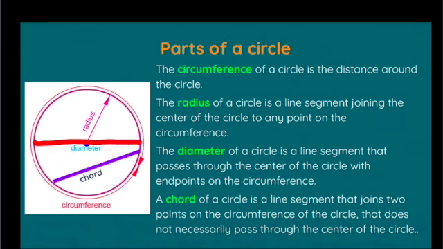It is a special chord because it is a chord that does pass through the center point. So the diameter is a chord. It's a special type of chord, but not all chords are going to be a diameter. We can have a line segment that connects 2 points on a circumference without it passing through the center. So those are called chords.